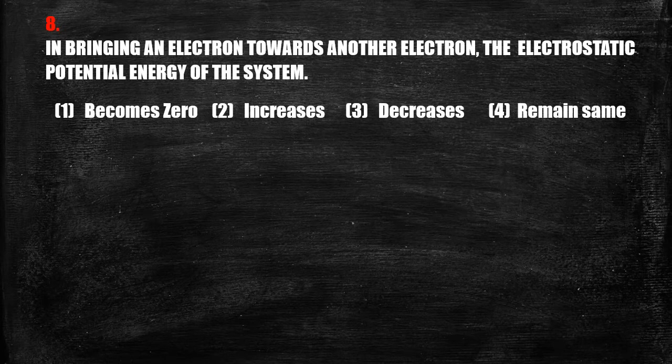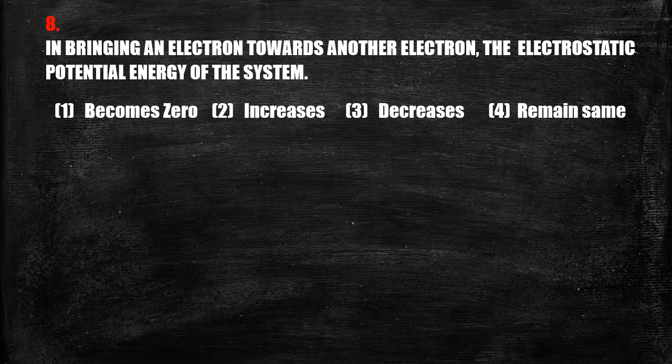8th question. In bringing an electron towards another electron, the electrostatic potential energy of the system becomes 0, increases, decreases, or remains same. So to the surrounding of an electron, another electron is being brought in from, let's say, infinity.